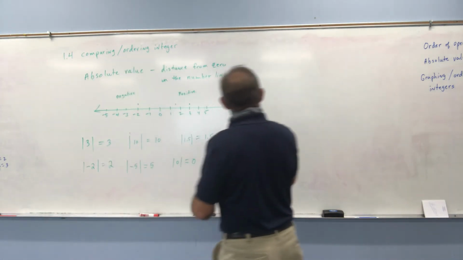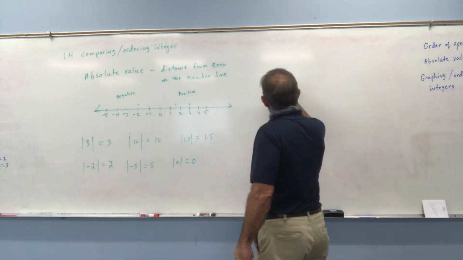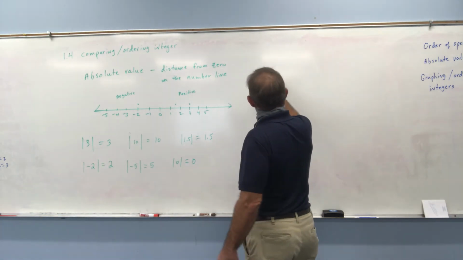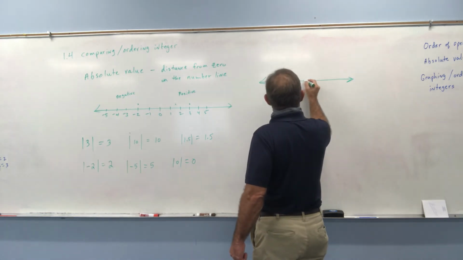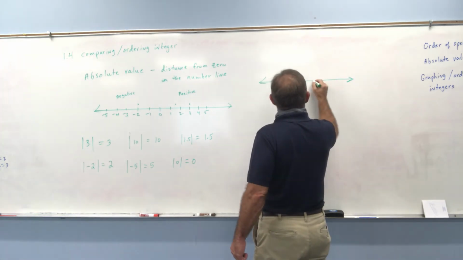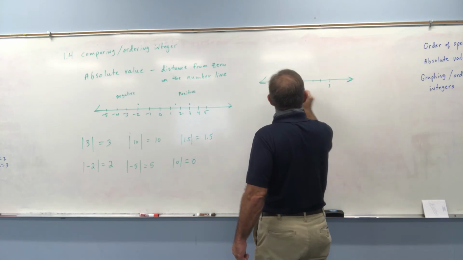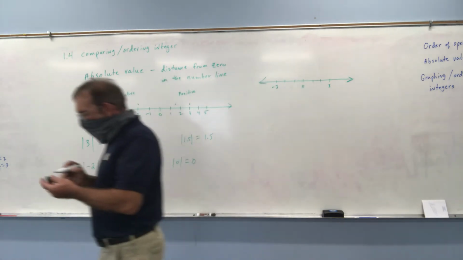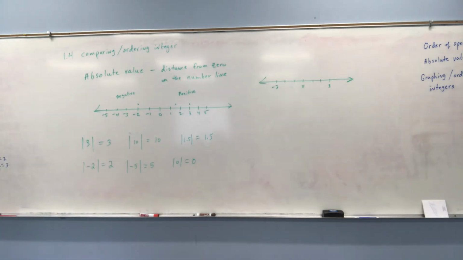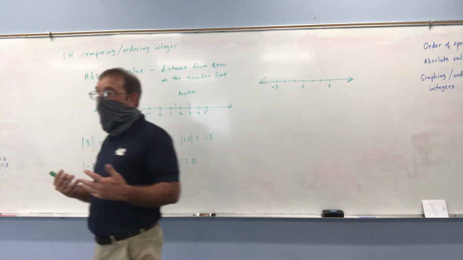So if I wanted to know whether one number was bigger or smaller than another number, then if I knew how to graph the numbers on the number line, could I just look and see which one is to the left or which one is to the right and know which is bigger?